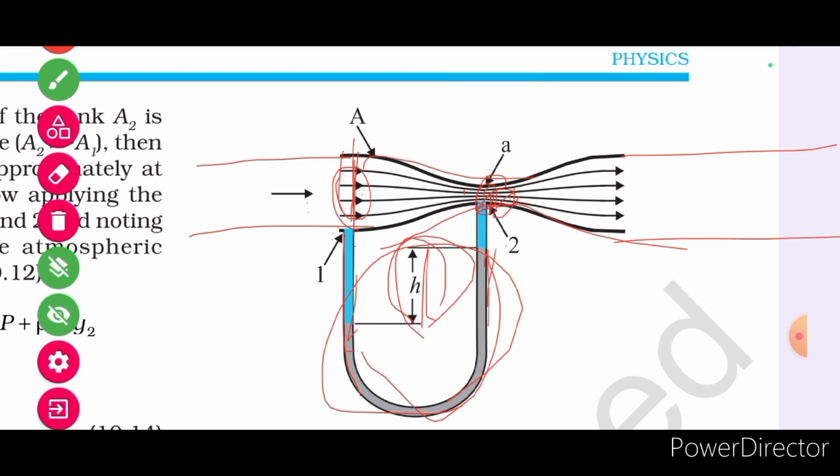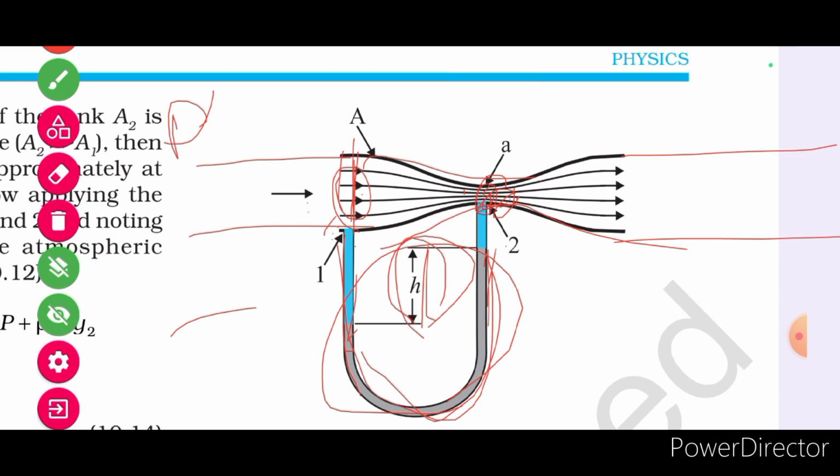We will apply Bernoulli's principle. We know the pressure difference, and the height of this region and that region is almost the same. So what is Bernoulli's principle? The pressure energy per unit volume plus kinetic energy per unit volume plus potential energy per unit volume is a constant. Pressure we have measured, potential energy is almost the same, so we will just ignore it.